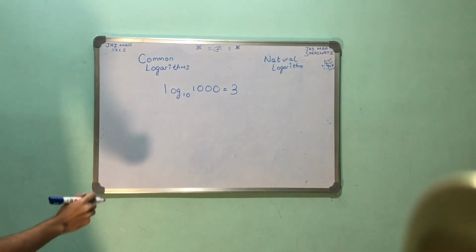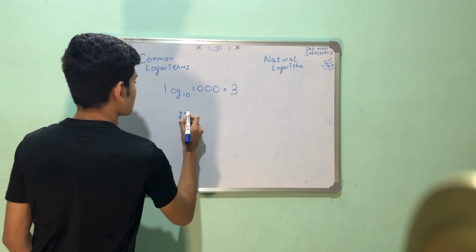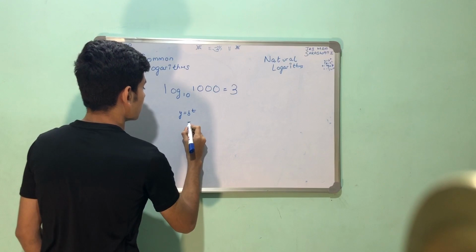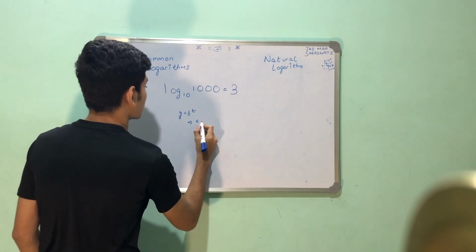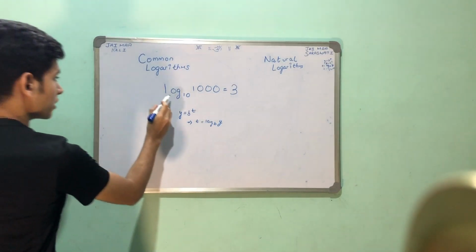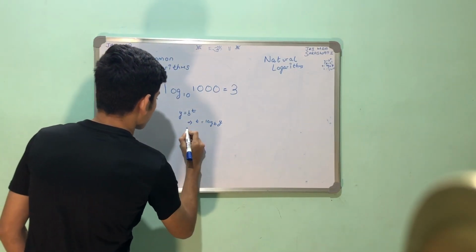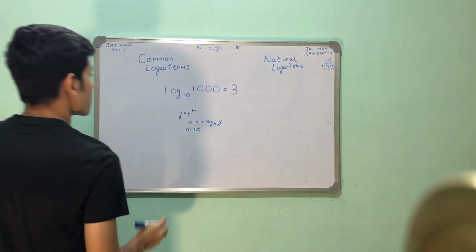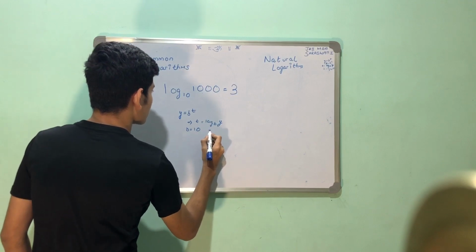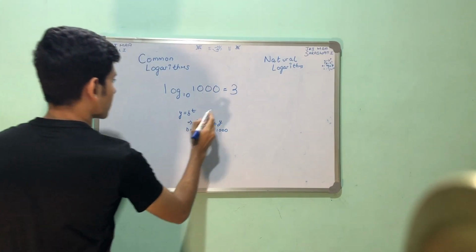So to prove this, we are going to use the exponential form as well as the logarithmic form. y equal to b to the power t can also be written as t equal to log base b of y. Here the base b is 10, the value of y is 1000, and the value of t is 3.